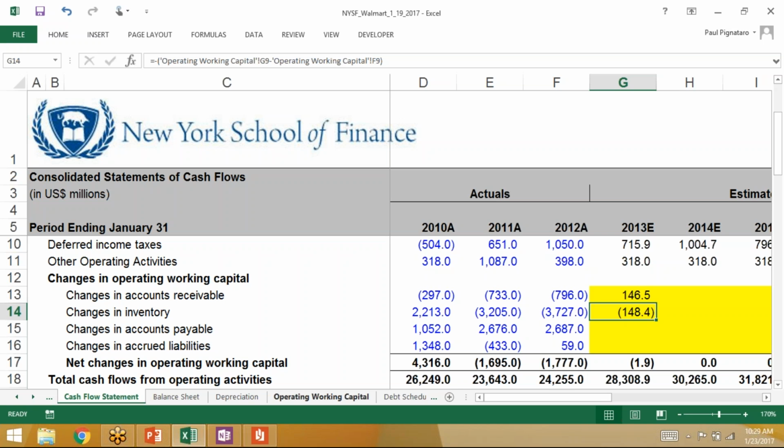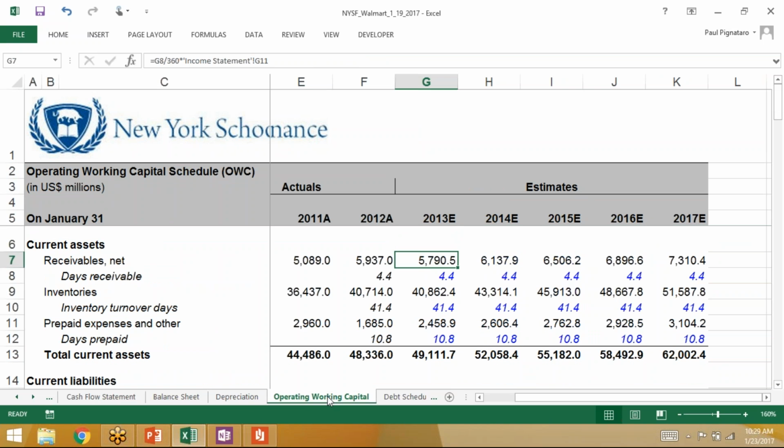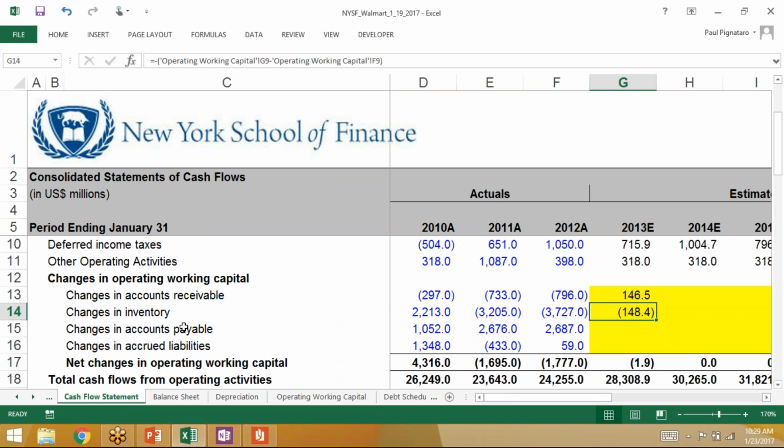Now notice the next line in working capital is prepaid expenses, but there is no cash flow statement line item for that. Why is that? This is related to what Cortez was asking and what we discussed earlier.